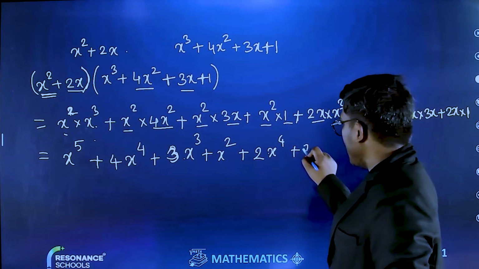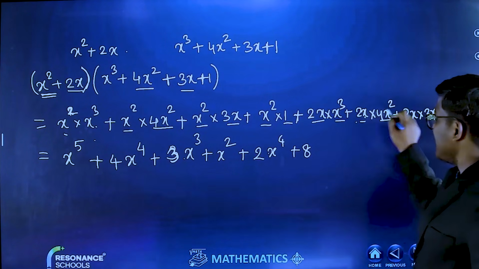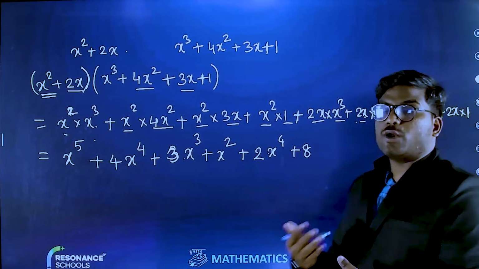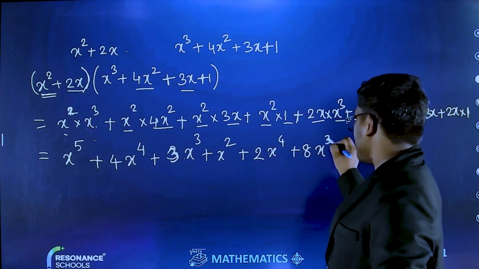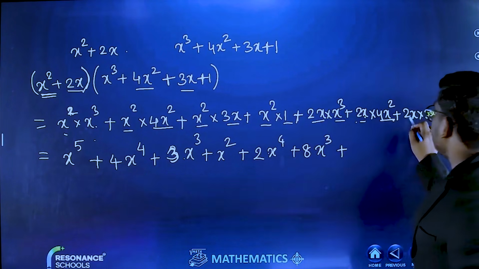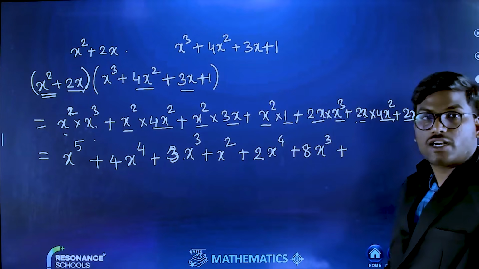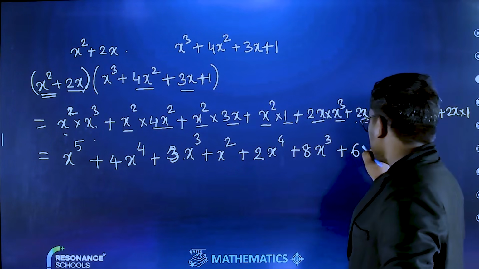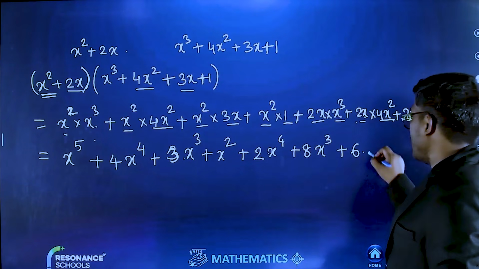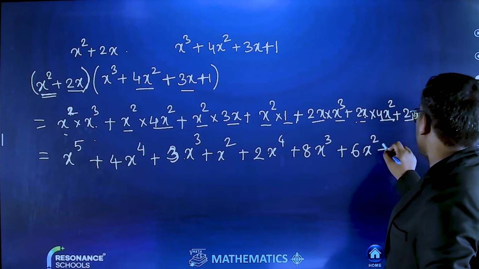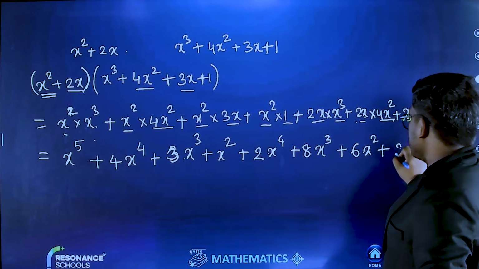So we'll write the 8 here, x power 1 into x power 2, which is x power 3. 2x into 3x, 2 into 3 is 6, x power 1 into x power 1, which is x square. 2x into 1 is 2x.